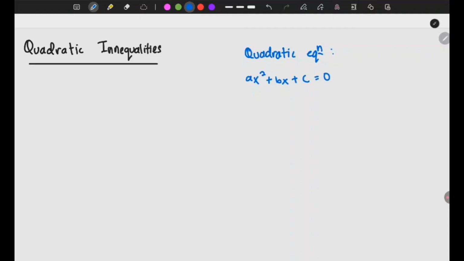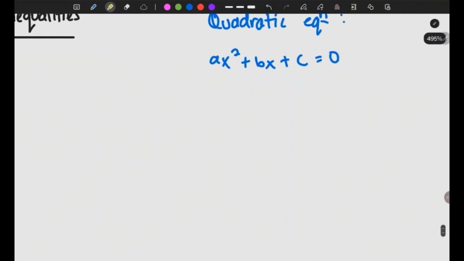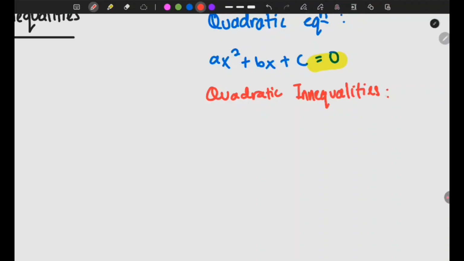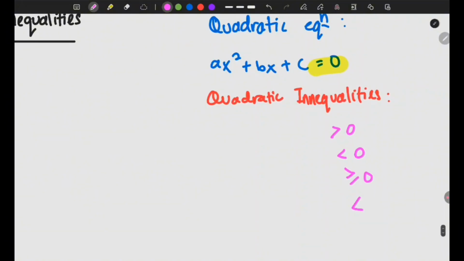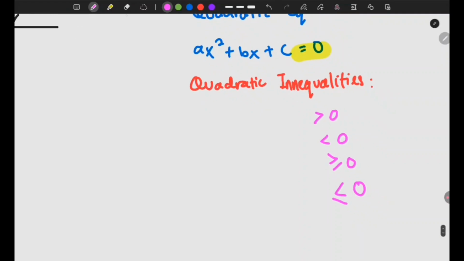But if it's inequalities, instead of equals to 0, for inequalities they will be maybe more than 0, less than 0, more and equals to 0, less than equals to 0. This is what represents the inequalities, so that they're not in straight.